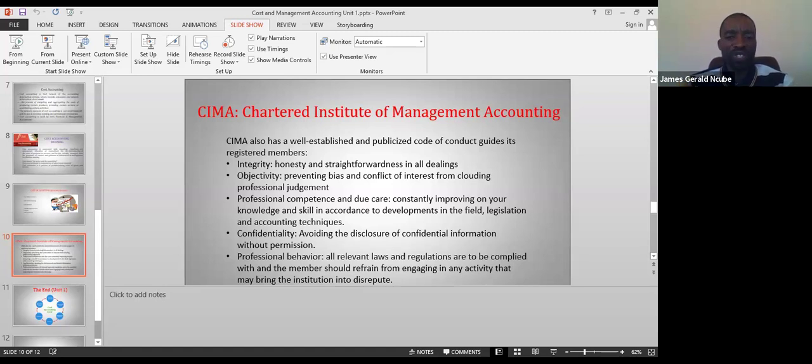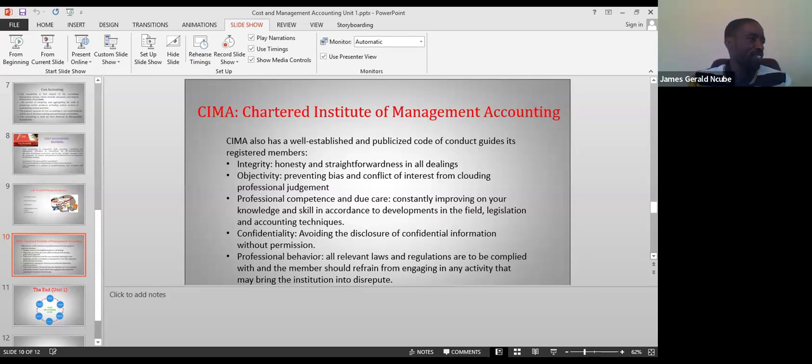Standards are continuously changing. Ways of reporting are continuously changing. Legislation will be changing. Accounting techniques will be constantly changing. So a management accountant must be abreast of all those changes that are happening within the profession.